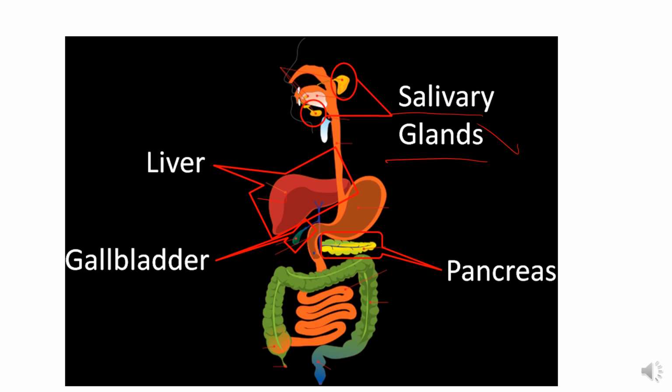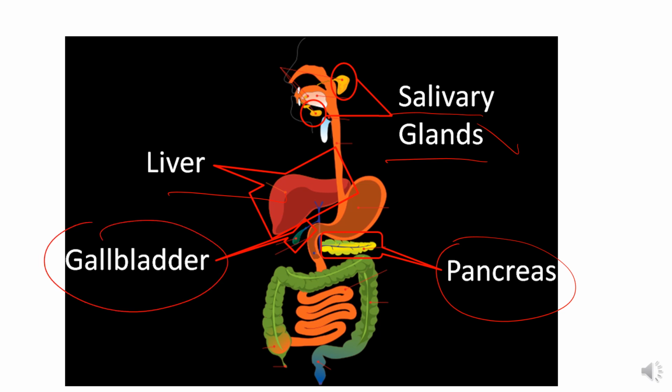Then the liver, which is the major gland of the body, and the pancreas and the gallbladder. So the gastrointestinal tract is associated with four types of glands: salivary glands, liver, pancreas, and gallbladder. The gallbladder actually stores the bile, but it has a function of secretion also.